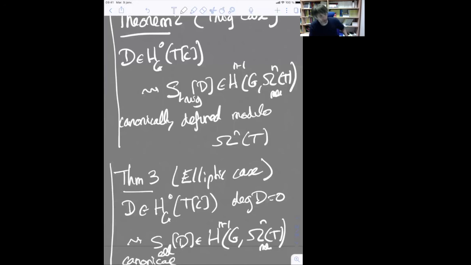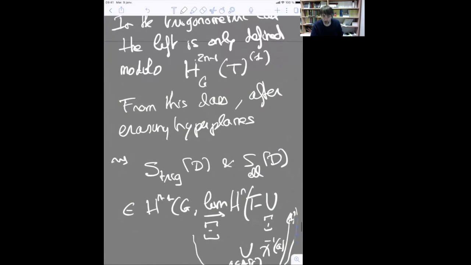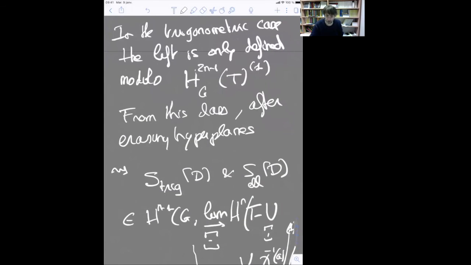Yeah, the thing is that in the end, in the long exact sequence, the term in the kernel is H^{2n-1} T-equivariant. Okay, and now I consider the part that is fixed by the action by S on the fibers.